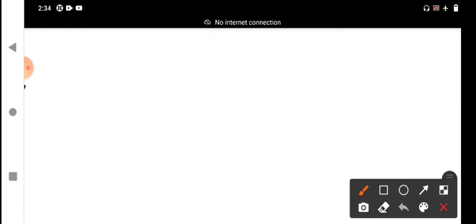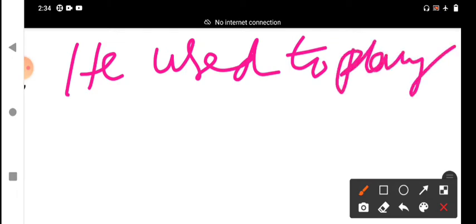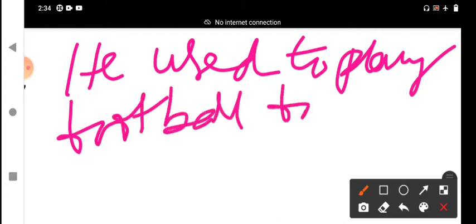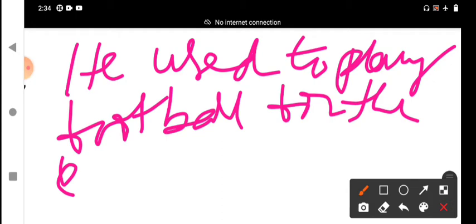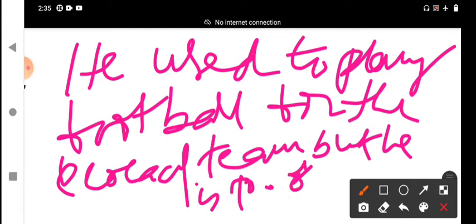For example, I will write down one sentence: He used to play football for the local team, but now he is too old. That means it is a past action.